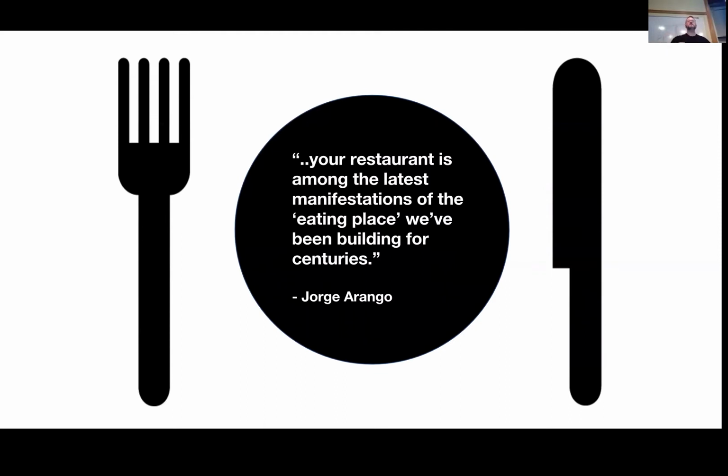And so table manners were changed to put the knife on the left side and the non-dominant hand in the interwar period as part of the evolution of this architecture of what is a dining place. Kind of interesting.